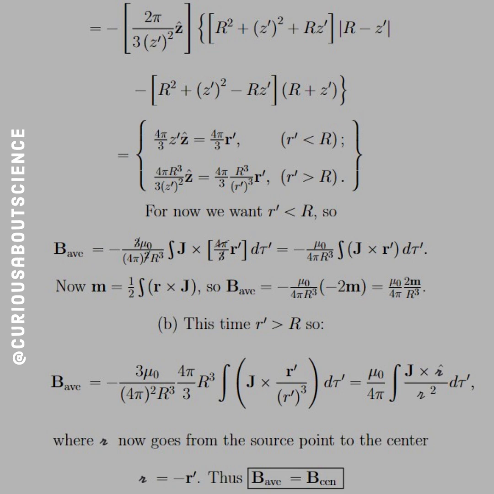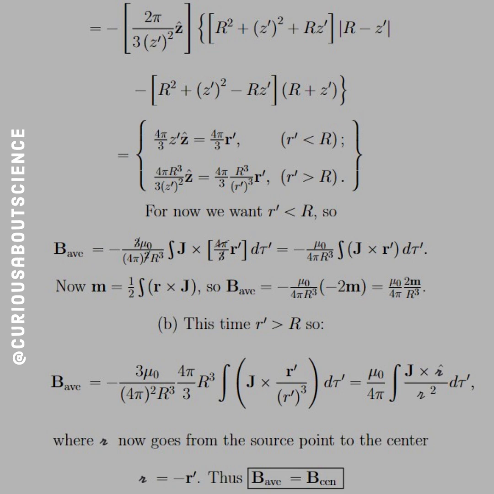We move forward and have negative mu naught over 4 pi R cubed times the integral of J cross r prime d tau prime. But we solved earlier that the magnetic dipole is one half the integral of r cross J. Since the cross product is anti-commutative, r cross J is equal to negative J cross r, so we can put negative 2m into that integral, and we do see that the average field is what was given.